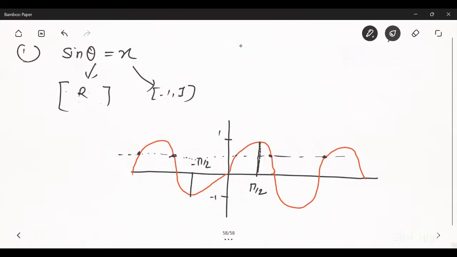That's why we are taking the domain of sine theta from minus pi by 2 to pi by 2, and the range is from minus 1 to 1. In that part, it is one-one and onto.